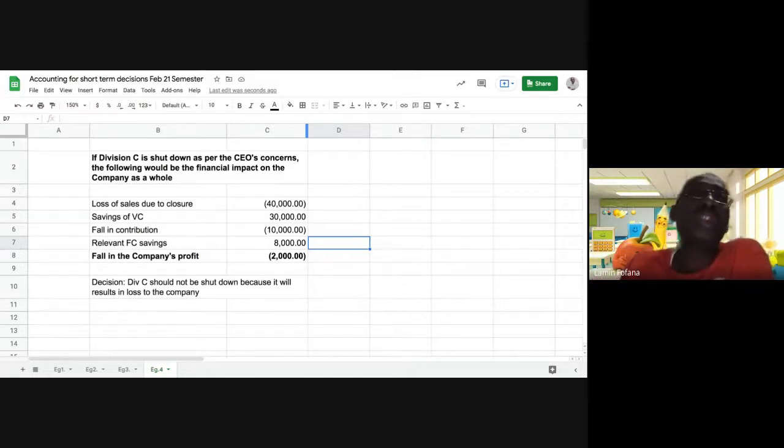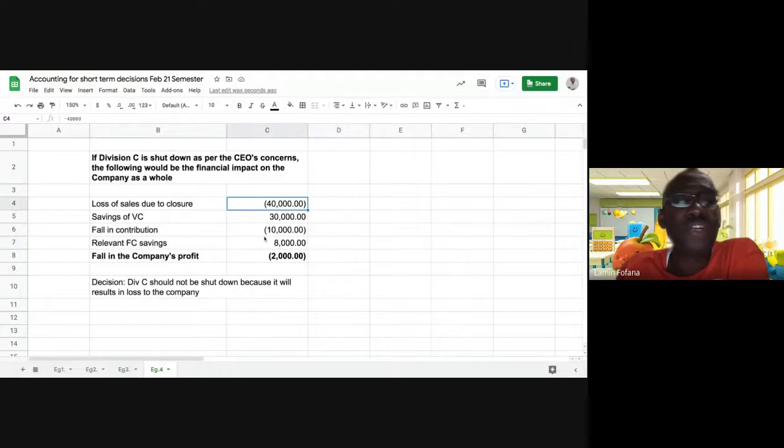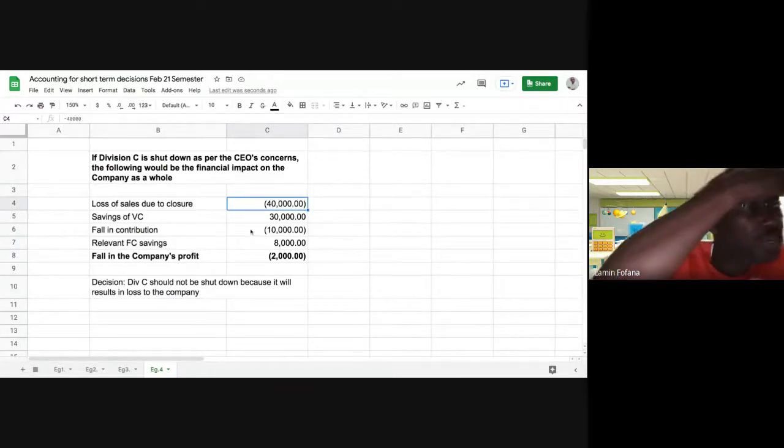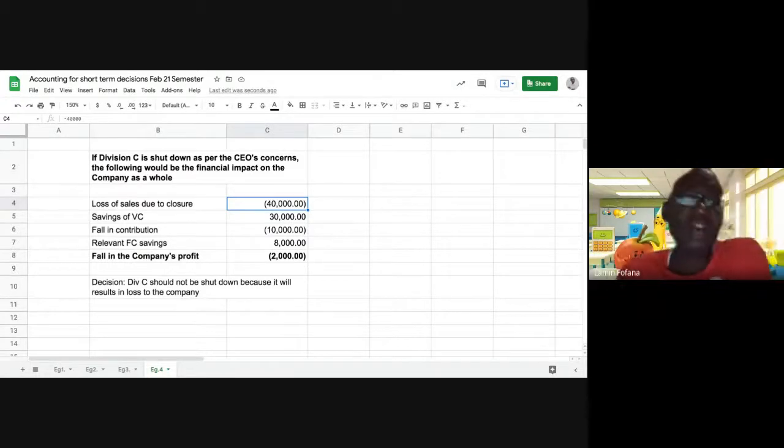So like in this question, we know if we shut down division C, we are going to lose 40,000. So the whole company, which is Jones Limited, is going to lose 40,000 as a result of shutting down division C. But if we shut down division C, we are going to make savings of 30,000 in its cost, and we are going to make savings of 8,000 in its relevant fixed cost.